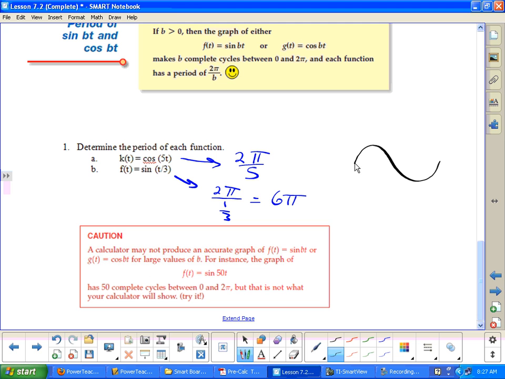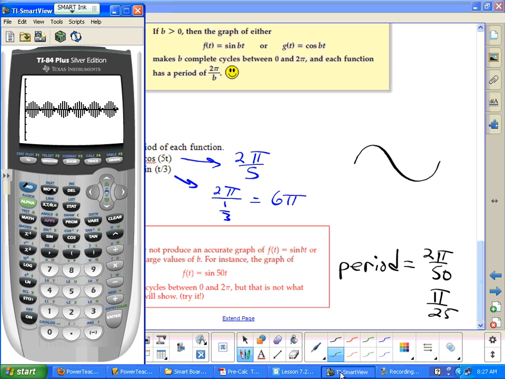So just imagine taking it and squishing it together. How long is each period here? What's the period equal? It's 2 pi over 50, or pi over 25. That's a pretty small number, isn't it? Let's see if I really put that number in.